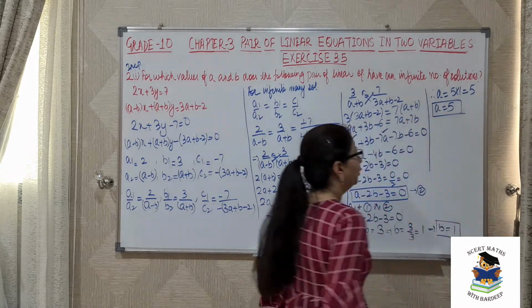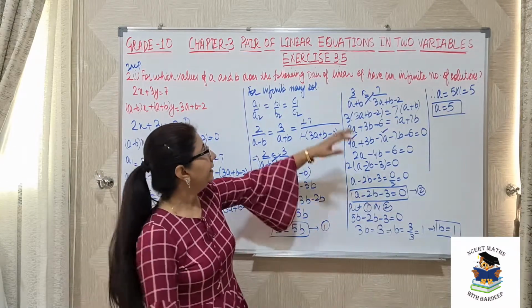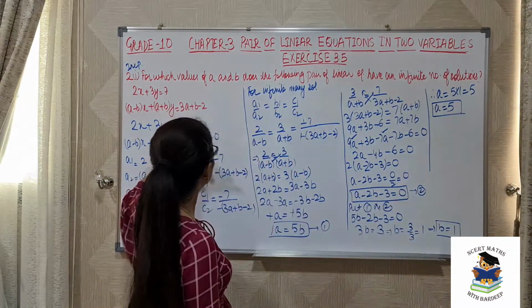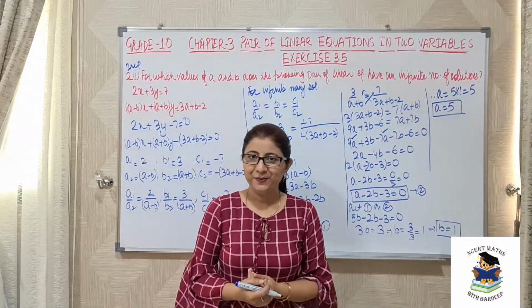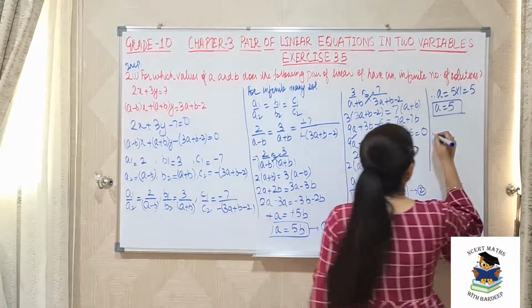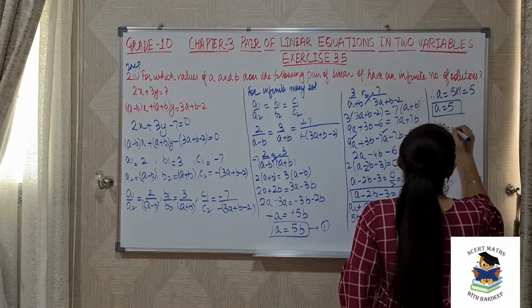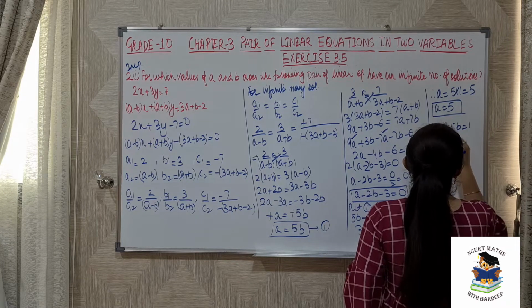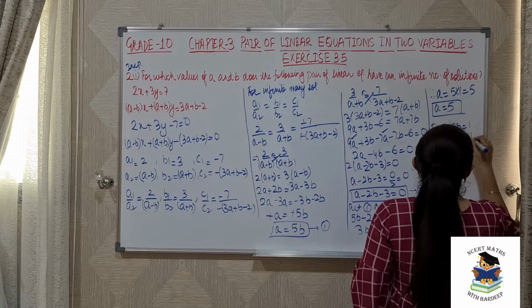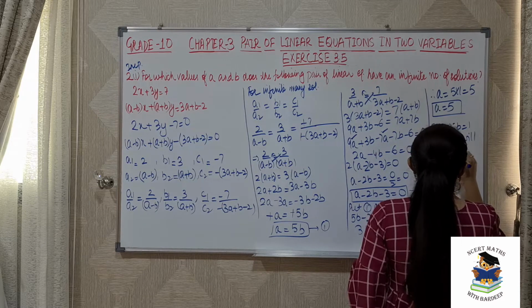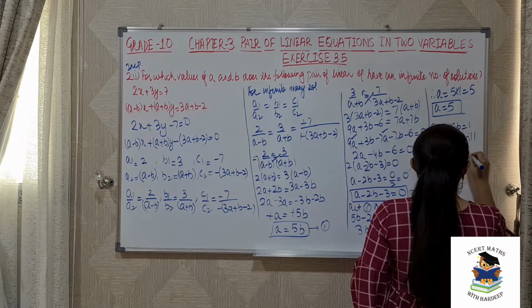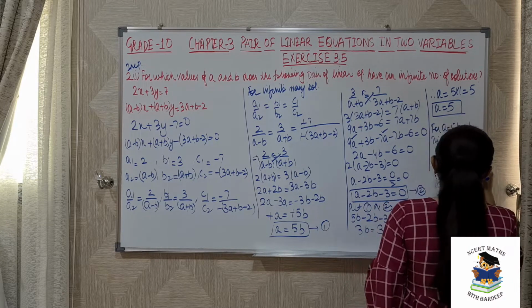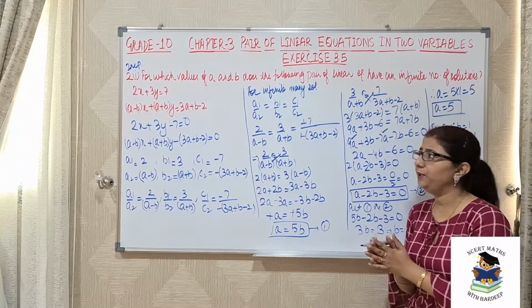After you get the values of a and b, you will write that for a equals 5 and b equals 1, this pair will have infinitely many solutions.